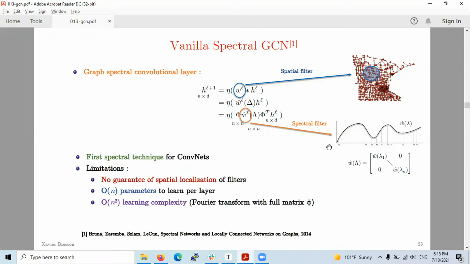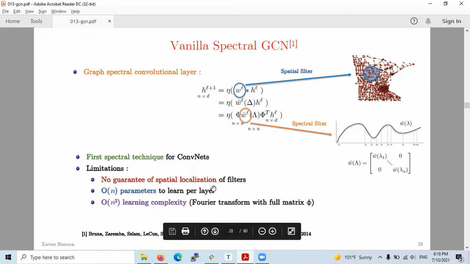Because we have lambda n eigenvalues, we have to learn n parameters, n weights or amplitudes for this filter. So per layer we have to learn O of n parameters.